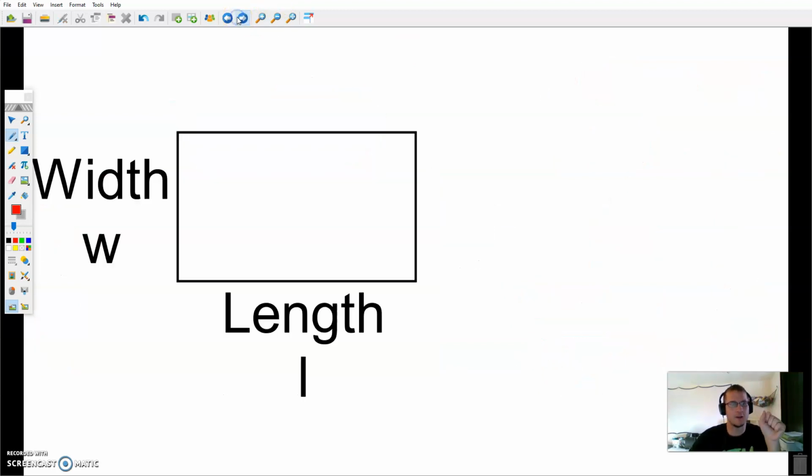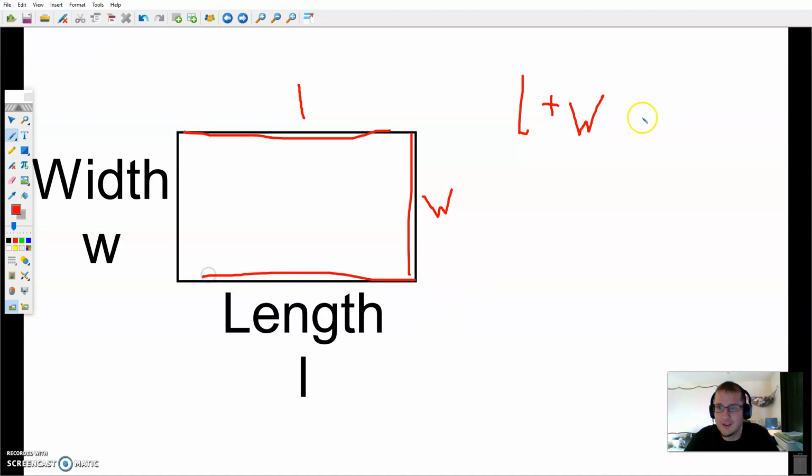So let's take a look at another example. Okay, so we've got length and width. Without assigning them numbers, what's the distance across up here? That's going to be whatever the length is. And the distance across over here, it's not labeled. Oh no, that's going to be whatever the width is. So if we want to think about this as formulas, we're going to have length, and maybe I'll give that a little curly Q just so you know it's an L and not a 1, plus the width, plus the length, plus the width.